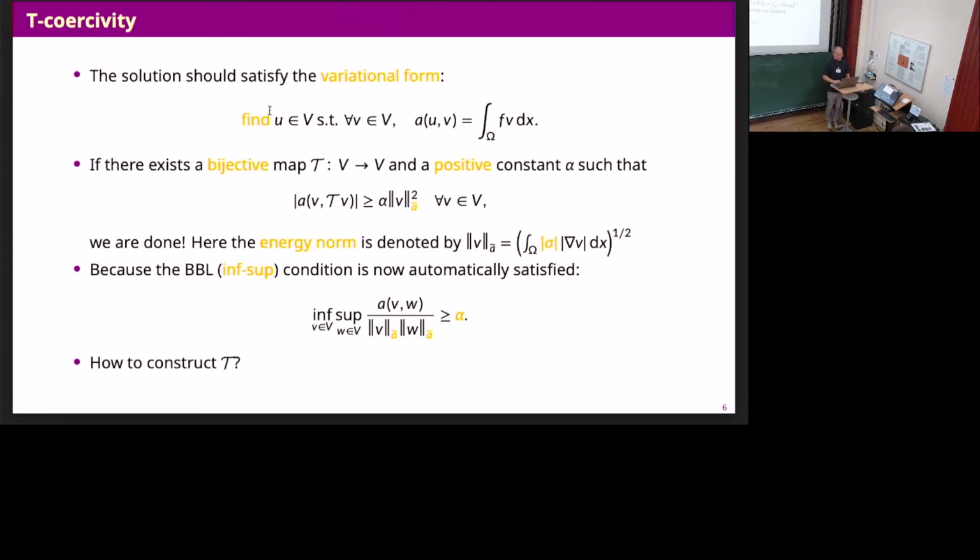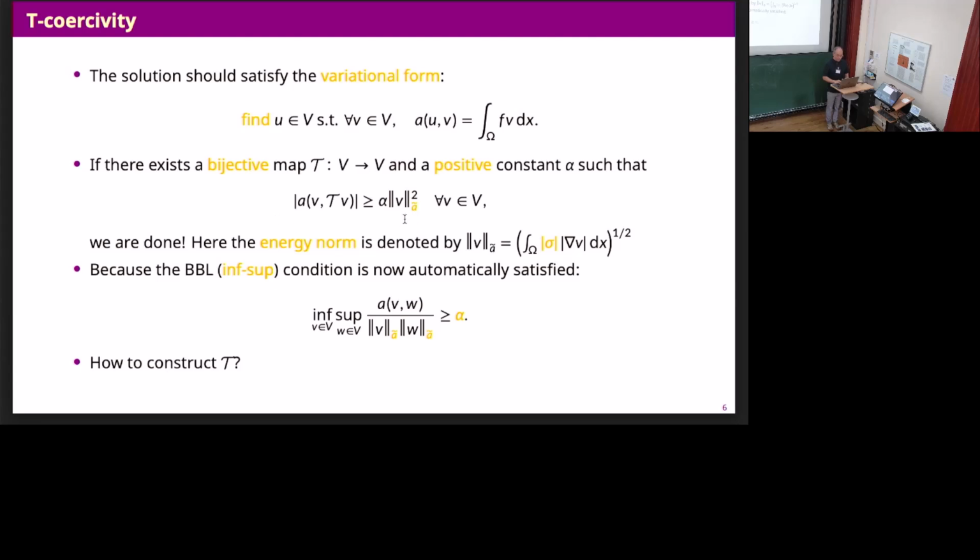So next we talk about the variational form of the problem, and it is defined in this way. And then we find the solution U in this space V, which is H10. Now, about this T-coercivity, this is the definition. If we can find a projective map T from capital V to V, okay, such that this inequality holds for a positive constant alpha, then we say that this bilinear form satisfies this T-coercivity condition.